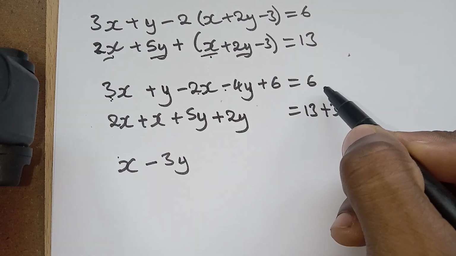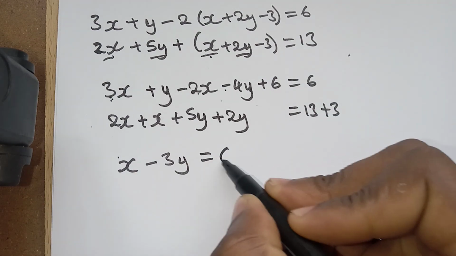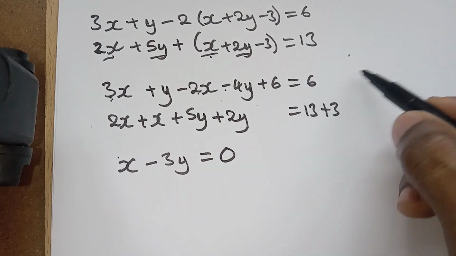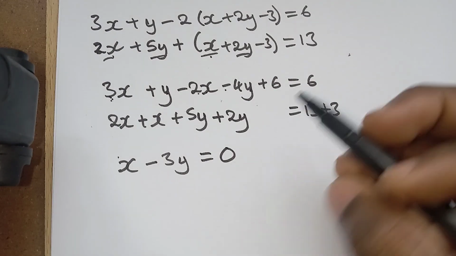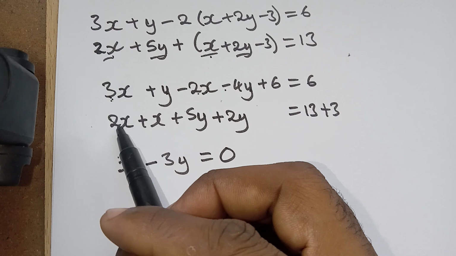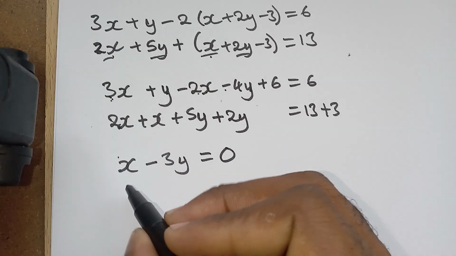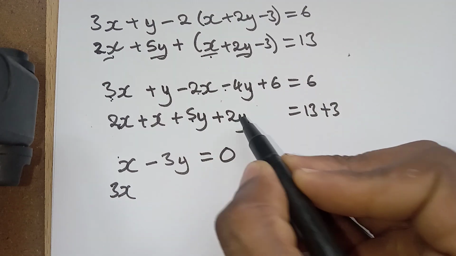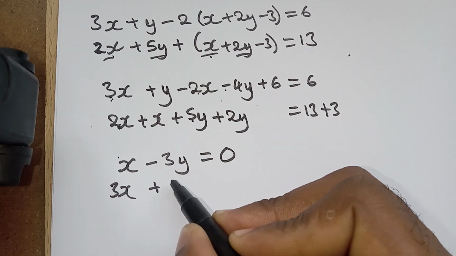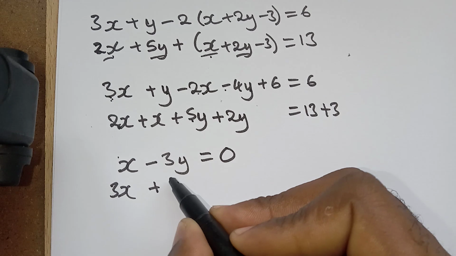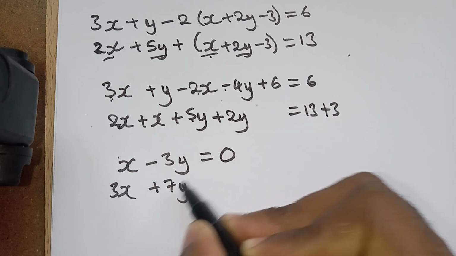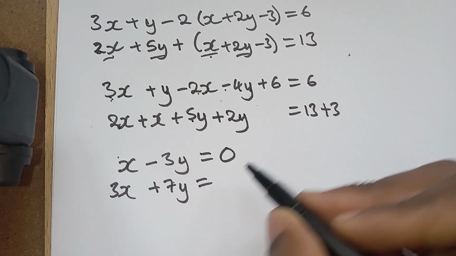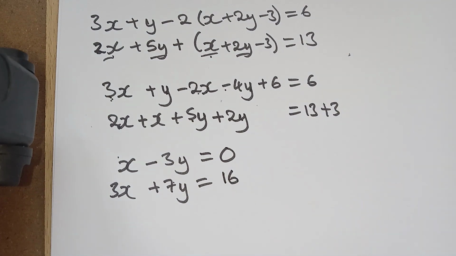Then when you take the 6 to the other side, you get a 0, since 6 minus 6 is 0. And then 2x plus x is 3x, 5y plus 2y is 7y. Then this is equal to 16.